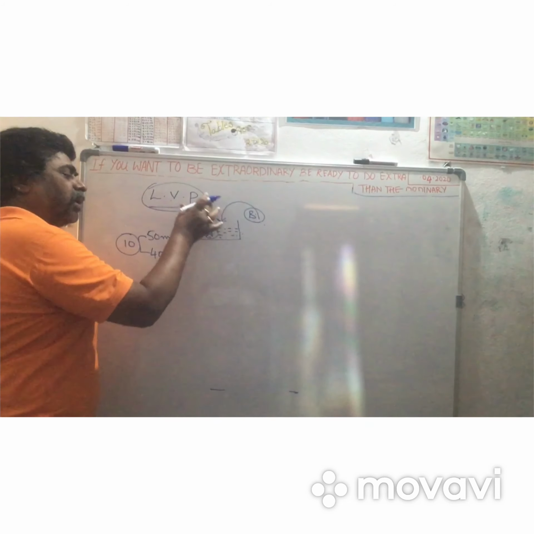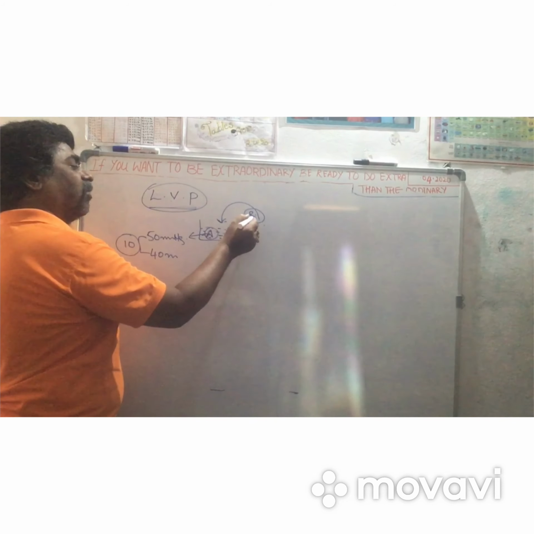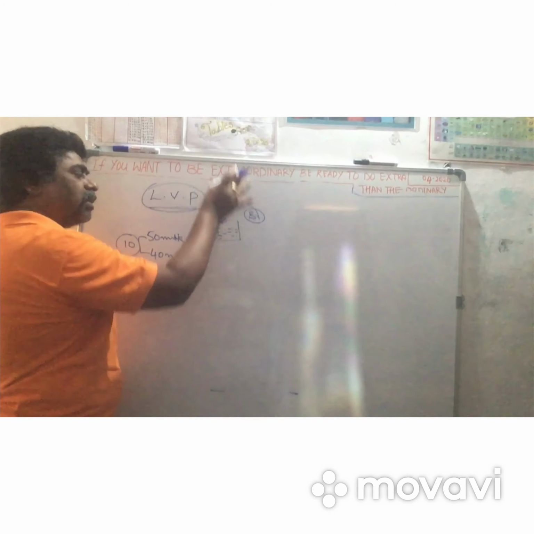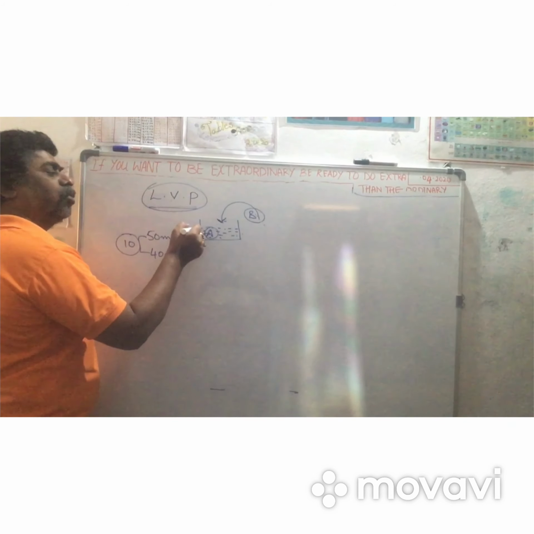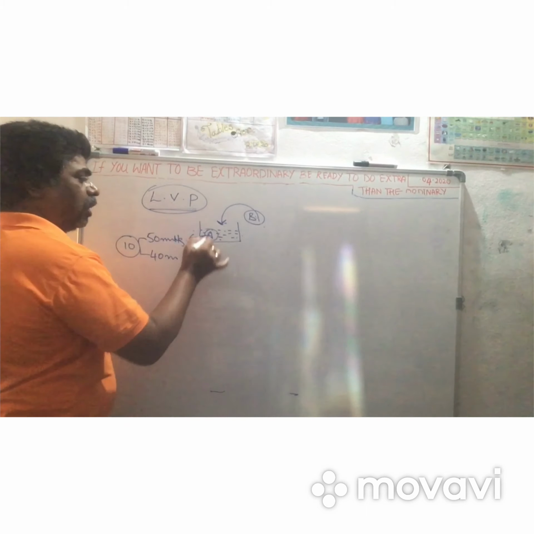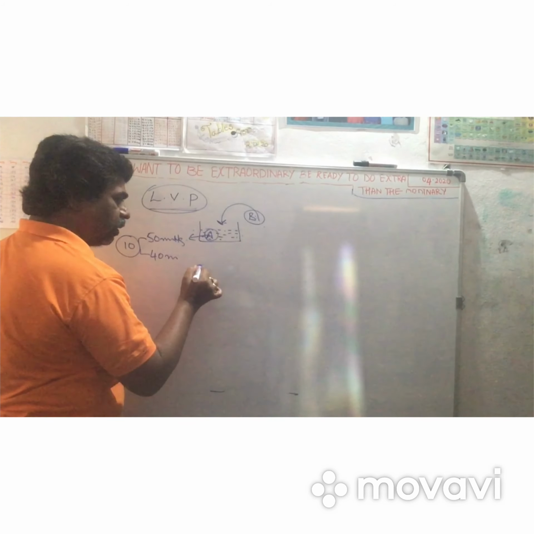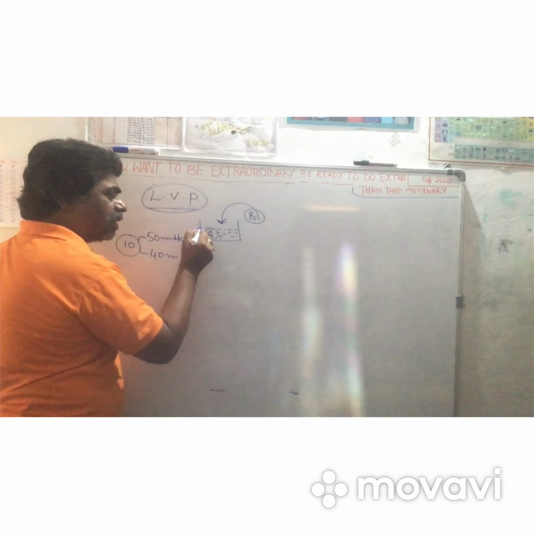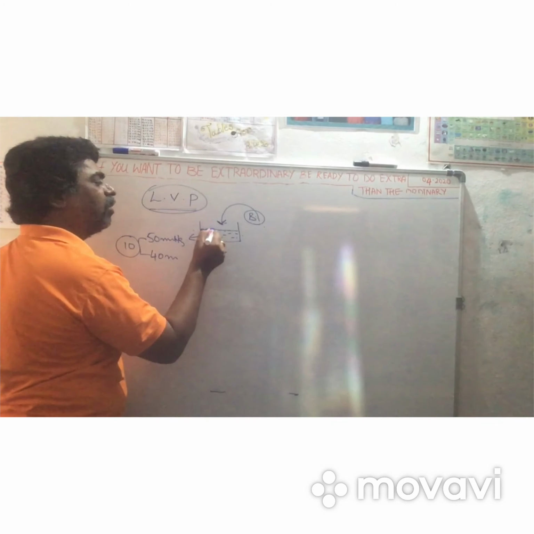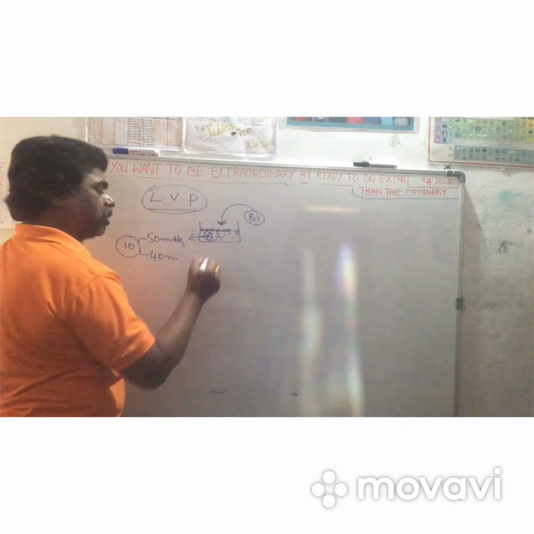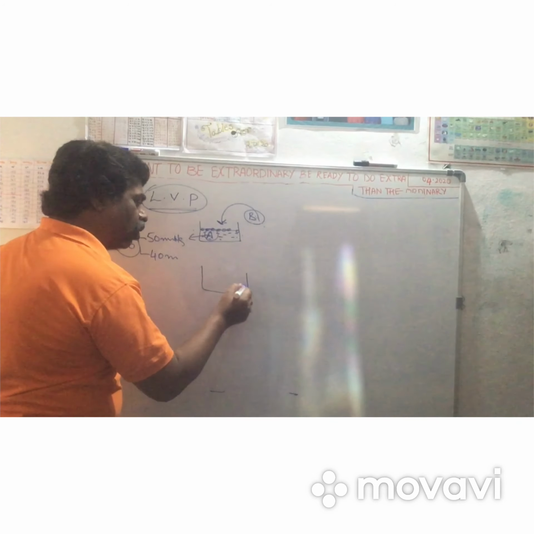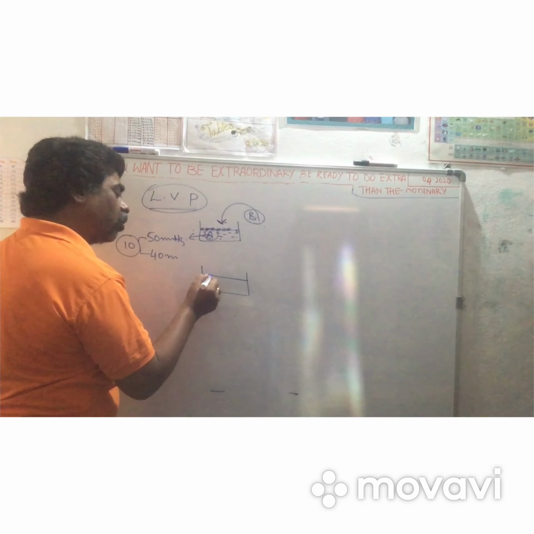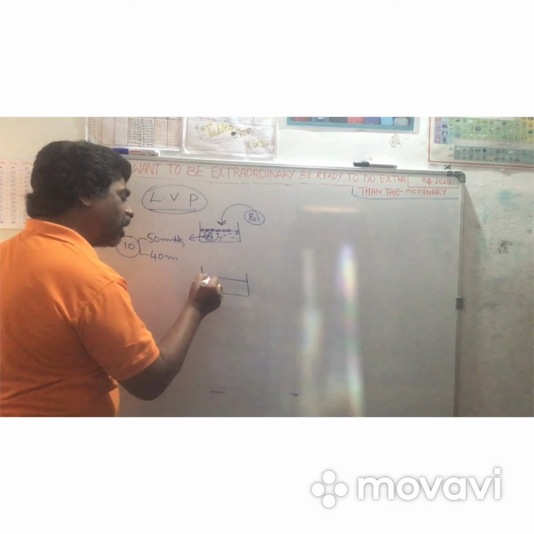So why does the vapor pressure decrease? When non-volatile solute is added to the pure solvent, the vapor pressure of the solution decreases compared to the pure solvent. Before adding the solute, the surface contains only pure solvent molecules, only A molecules. Once solute is added, the surface is occupied by A molecules as well as B molecules.